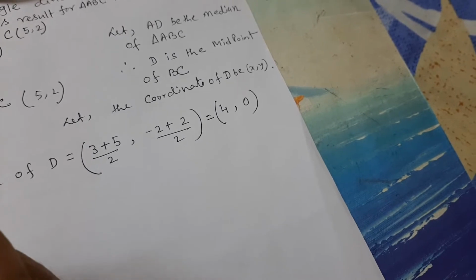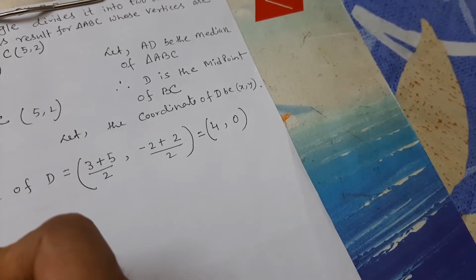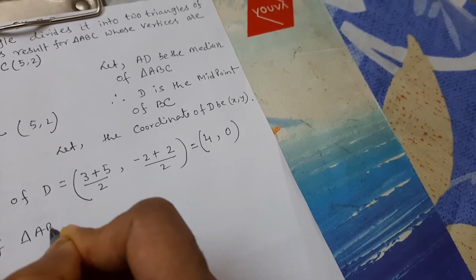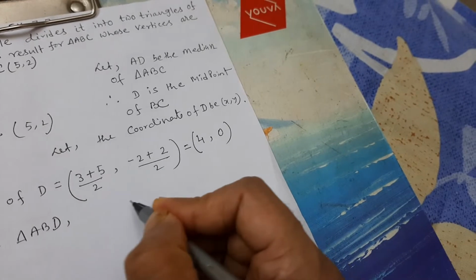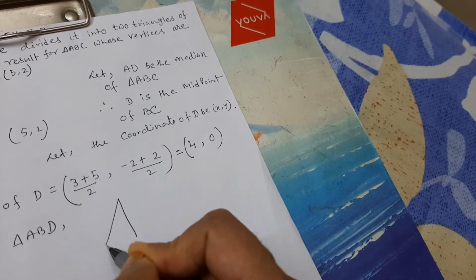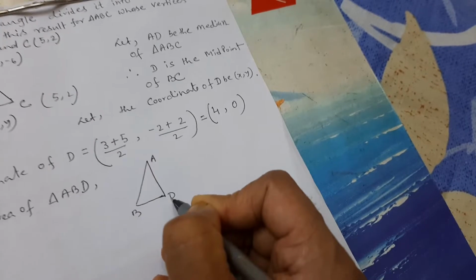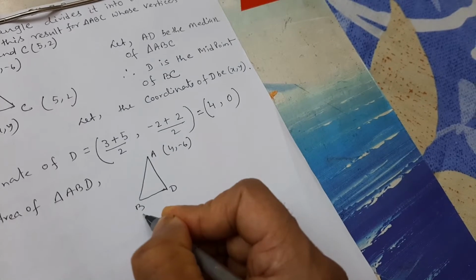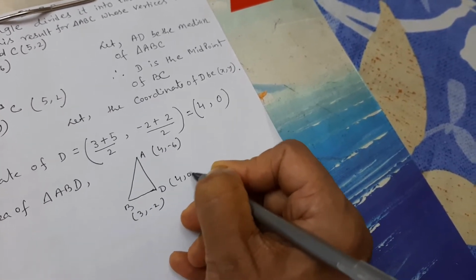Now area of triangle ABD. This is A, this is B, this is D. A point is (4, -6), B point is (3, -2) and D point is (4, 0).